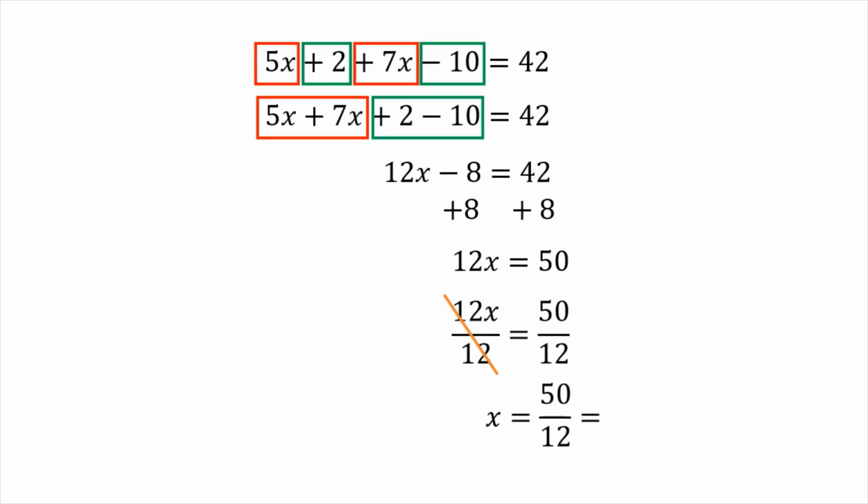So we're left with x on one side and 50 twelfths on the other side. We can turn 50 twelfths into a mixed number. 12 goes into 50 4 times with 2 twelfths left over, and then I know I can divide 2 and 12 by 2 to end up with my most reduced answer to this problem, which is 4 and 1/6.